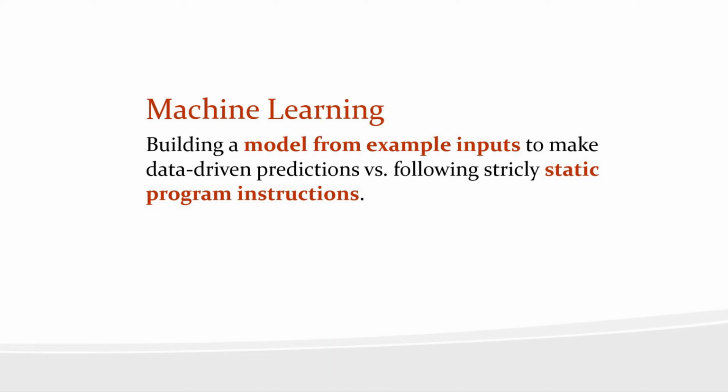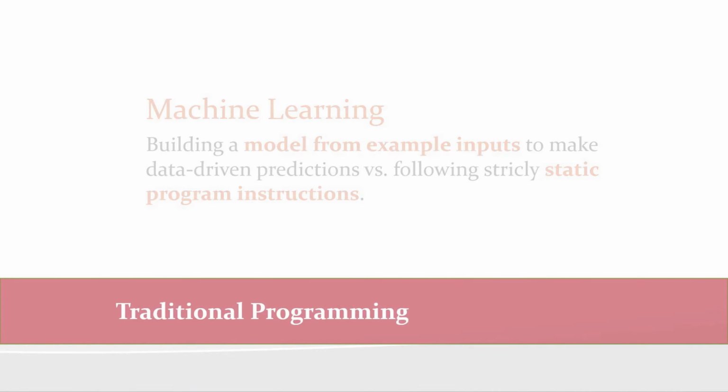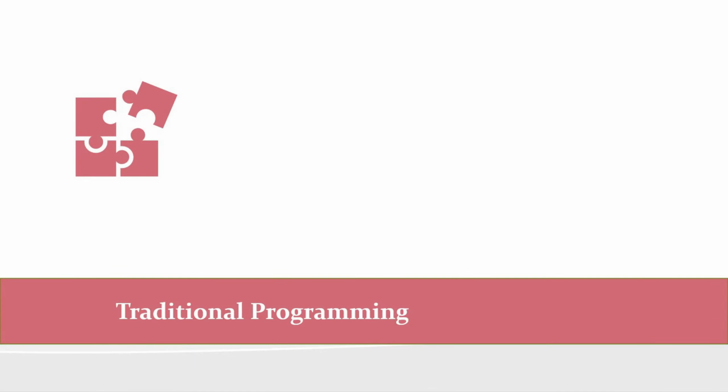This definition points out the key feature of machine learning, namely that the system learns how to solve the problem from example data rather than you writing specific logic. This is a significant departure from how most programming is done. In more traditional programming, we carefully analyze the problem and write code.